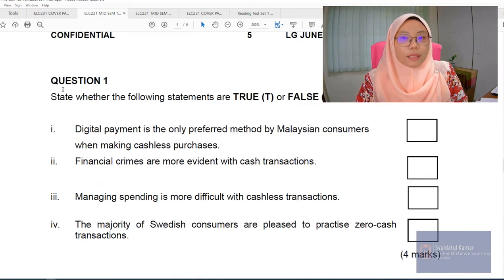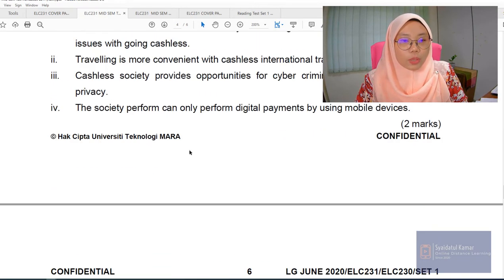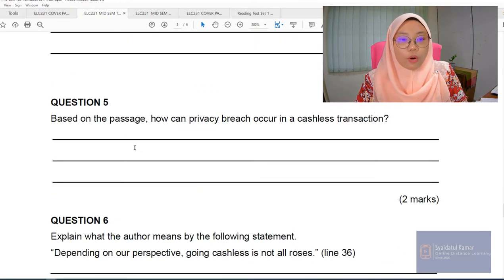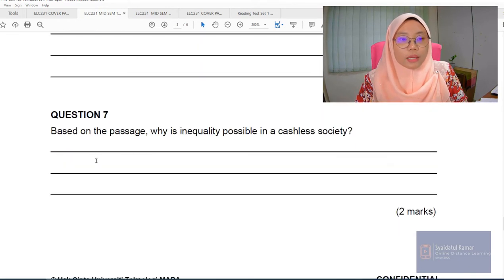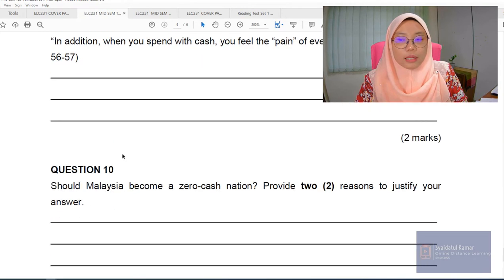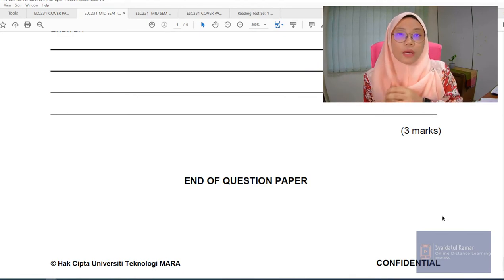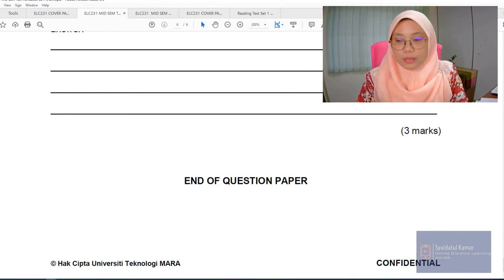Then there is question 1, true or false, then questions 2, 3, 4, 5, 6, 7, 8, 9, and 10. So there are 10 questions altogether, and all of them are 25 marks.